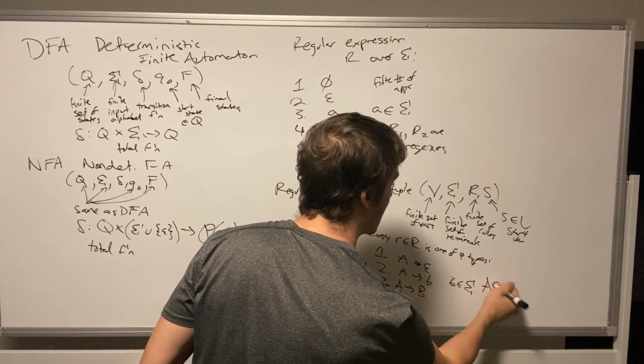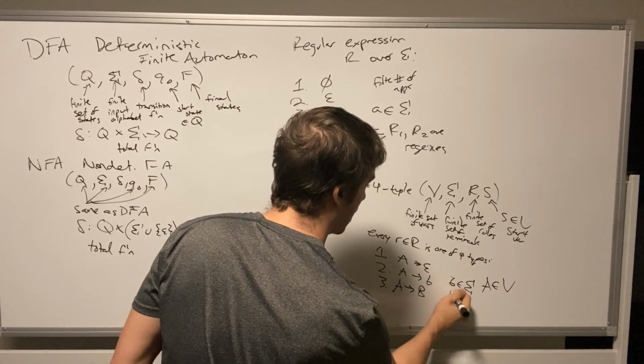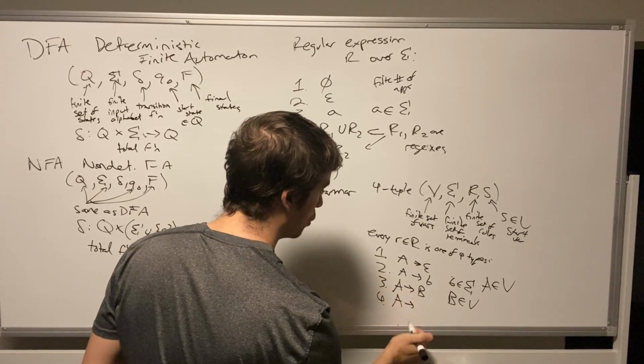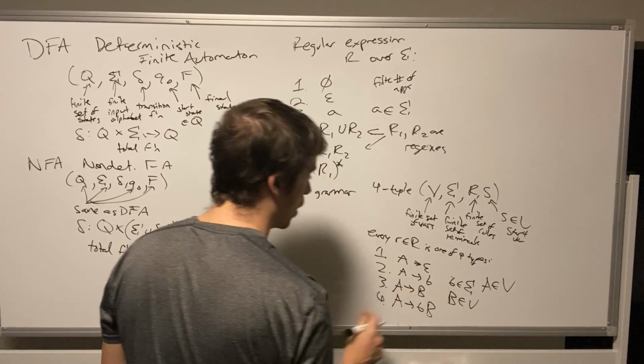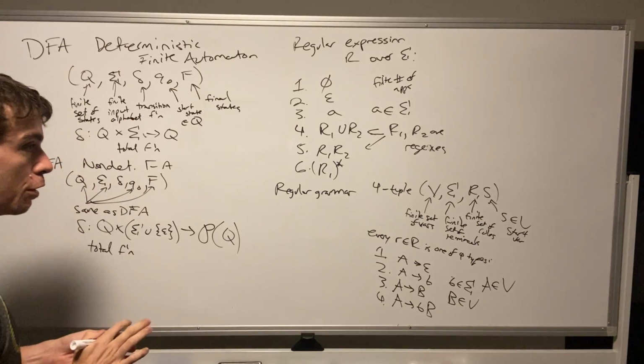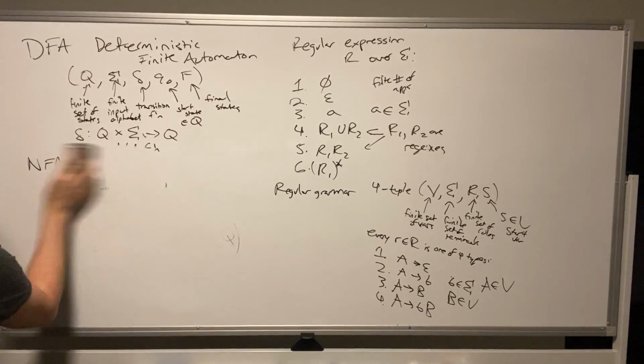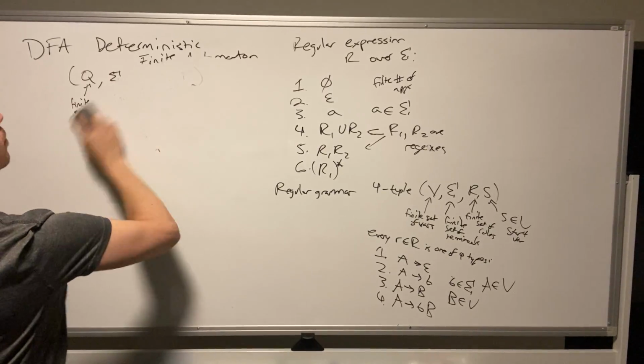So for all these, A is a variable, capital B is also a variable. Or it could be that A goes to a single terminal followed by a variable. All right, so those are all the ones that we cover for the regular languages. Now let's do the context-free languages.